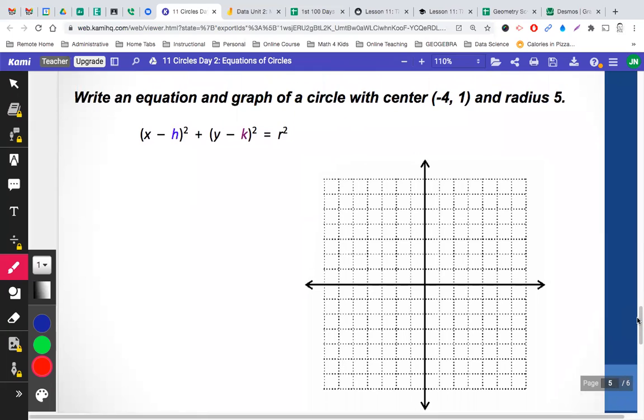All right, let's plug these values in. So x minus the -4 squared plus y minus 1 squared equals 5 squared.